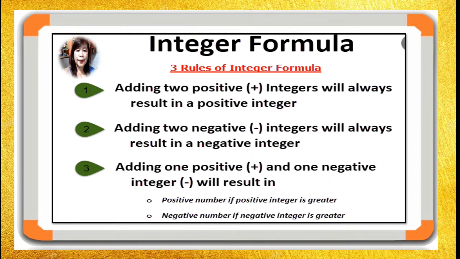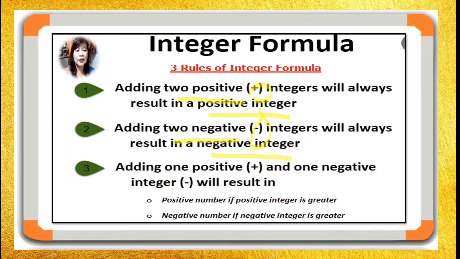First, adding two positive integers will always result in a positive integer. And then the second one is adding two negative integers will always result in a negative integer.